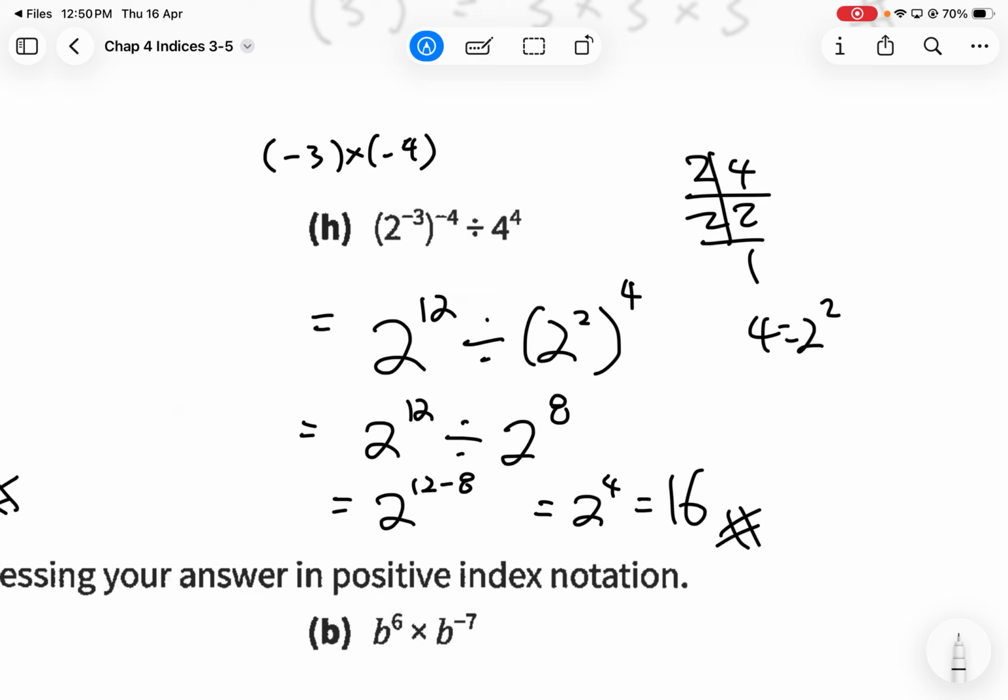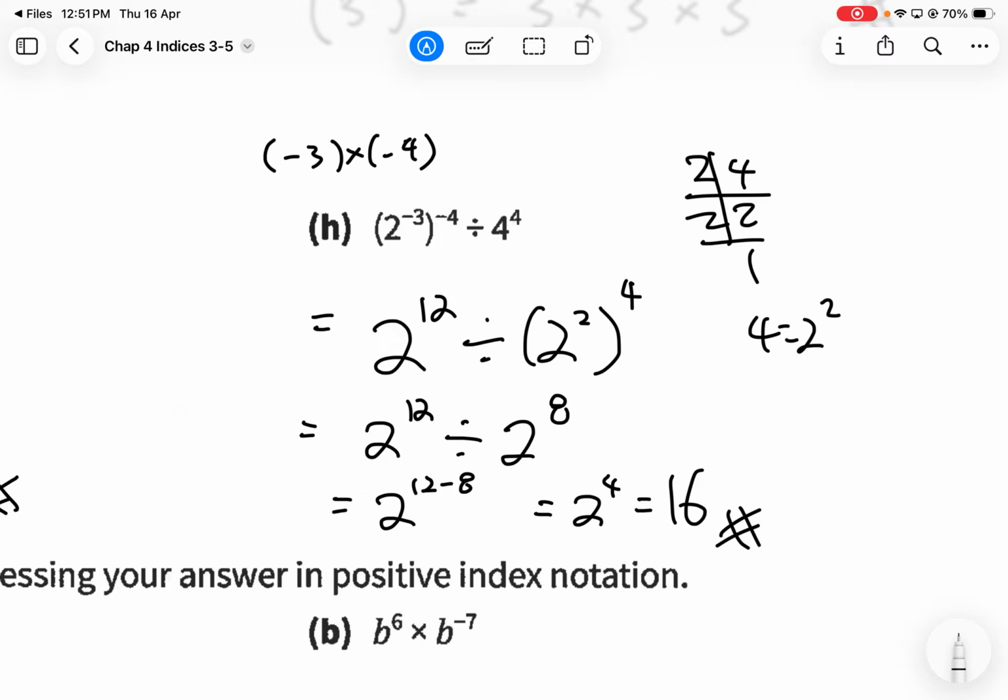If I count, I have 1, 2, 3, 4, 5, 6, 2 to the power of 6. Why here got 2? Because this one is 2. Why I have 3 times? Because this is 3. So 3 times 2 you get 6. So this pattern will always be correct. The base will not change, just multiply the index.